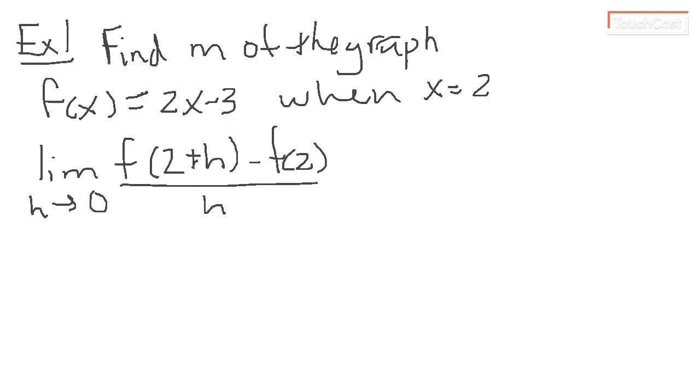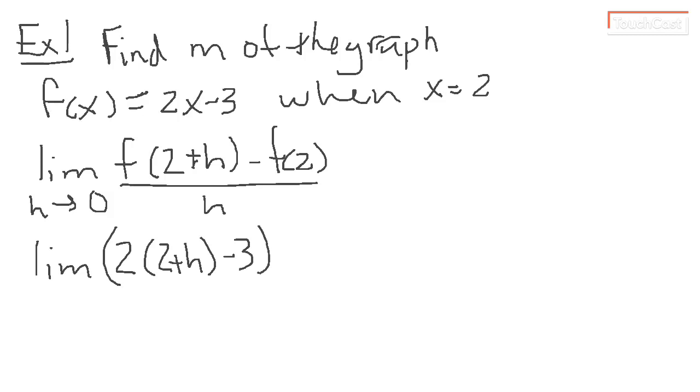Now we know f of x. f of x is 2x minus 3. So when we're trying to find this limit, we're going to start by going the limit of 2 times 2 plus h, so we're replacing x with 2 plus h, minus 3. I'm going to put all of that in parentheses because then we're going to subtract f of 2. So we're going to replace x in f of x with 2.